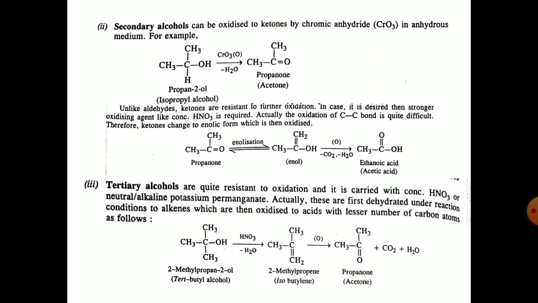So when concentrated nitric acid is taken, then what happens? The OH and the H of a methyl group will go in the form of water. Then it will give CH3 C(CH3) double bond CH2. So it is isobutylene or 2-methyl propene, which on further oxidation gives ketone. Ketone means propanone here for this example, plus carbon dioxide plus water.